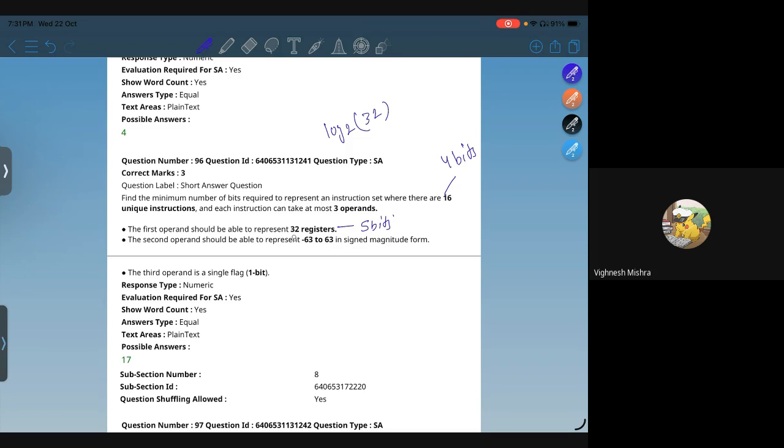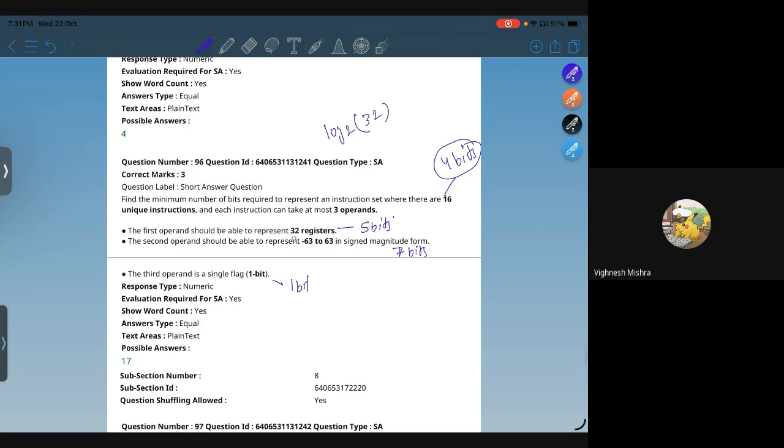It is saying this will be 7 bits, and this is 1 bit. Now 4 bits for the opcode. So 4 bits for this plus 5 bits for this plus 7 bits for this plus 1 bit for this sign flag. So this is 17.